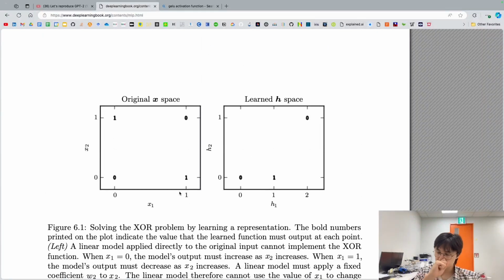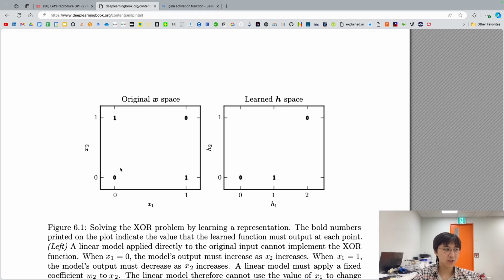For those who don't know the exclusive OR problem, it's a problem where if a function receives 0, 0, it should give 0. If it receives 1, 1, it should also give 0. If it receives 1, 0, it should give 1. So how can we draw a line here?